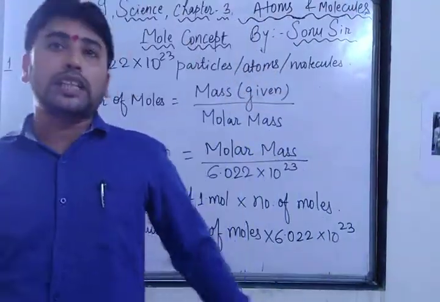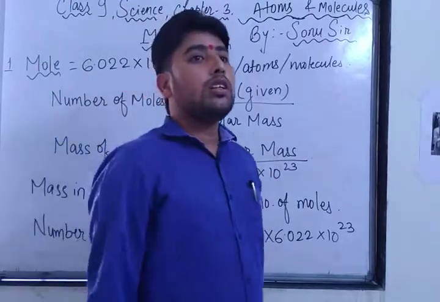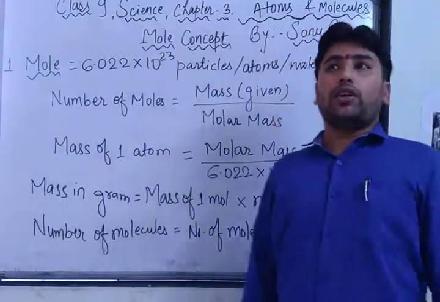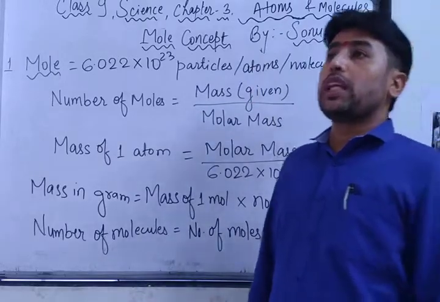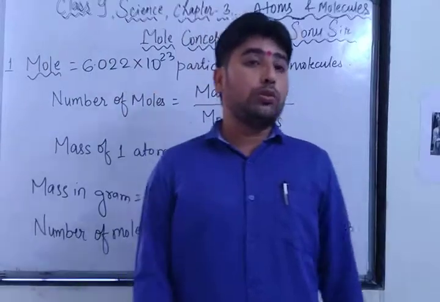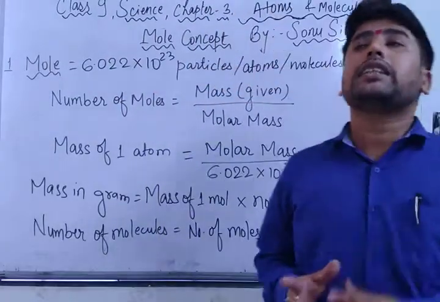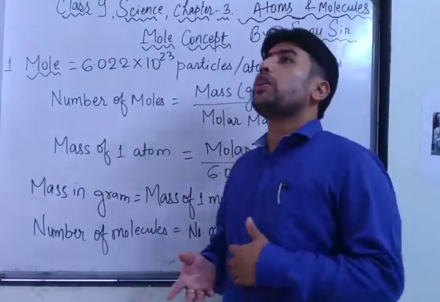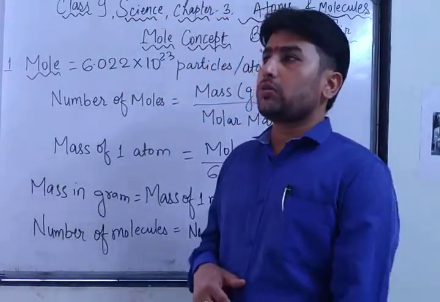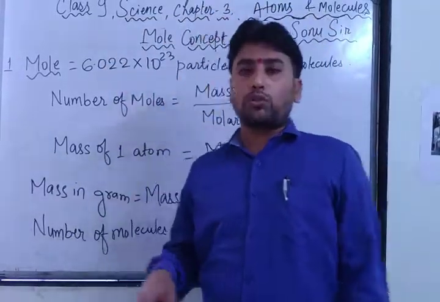Because there was one scientist, his name was Avogadro. Avogadro gave one number, that is 6.022 into 10 to the power 23. He said that if I talk about how many atoms are in my body, the number is 6.022 into 10 to the power 23.